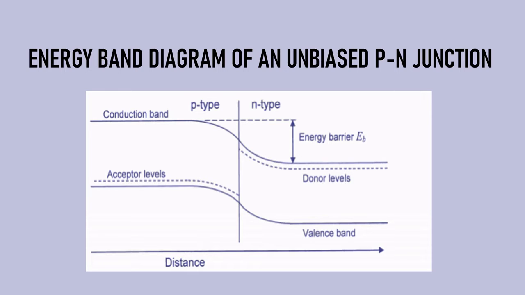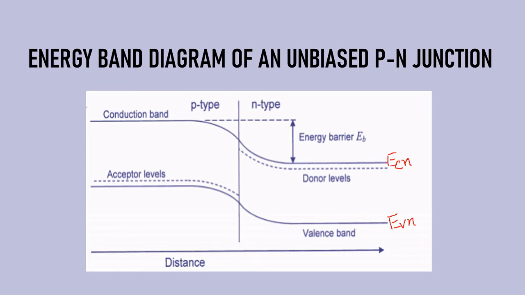For N-type semiconductor material, the Fermi level lies near the conduction band edge EC. This is the conduction band edge for the N side and it is called ECN. This is the valence band edge for the N side, referred to as EVN.